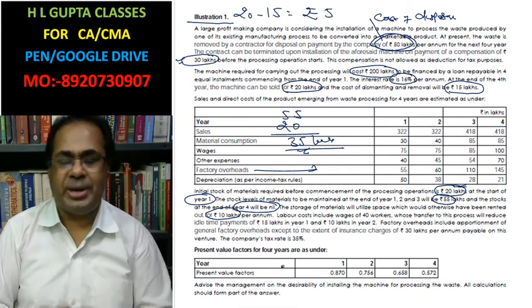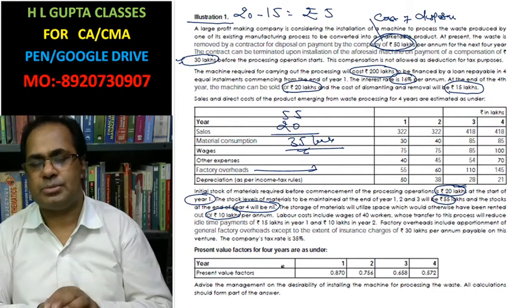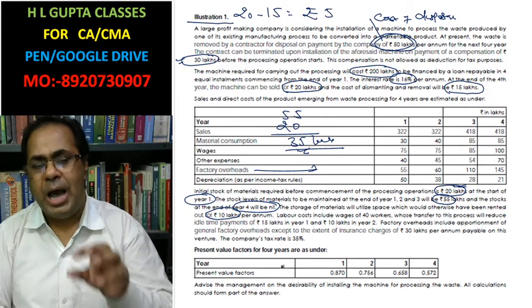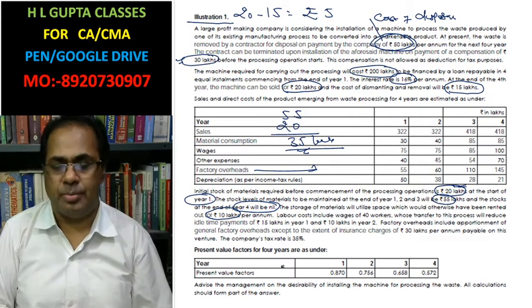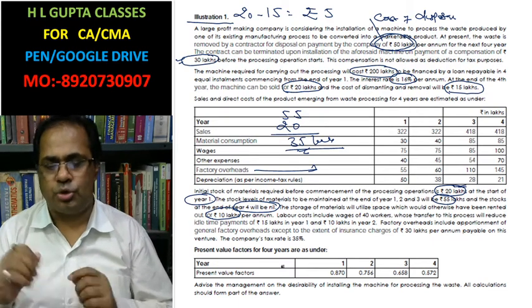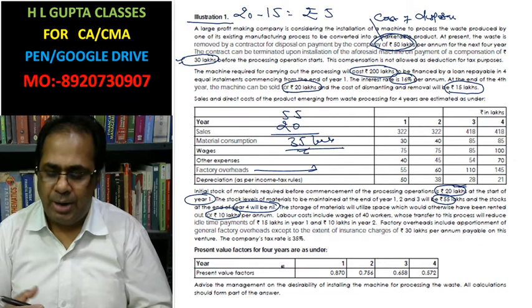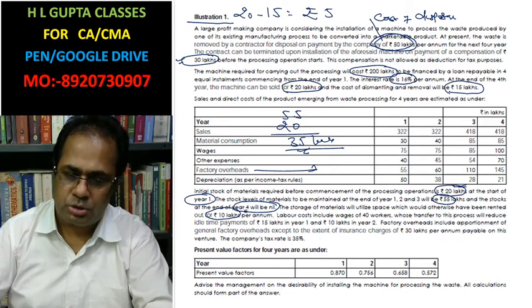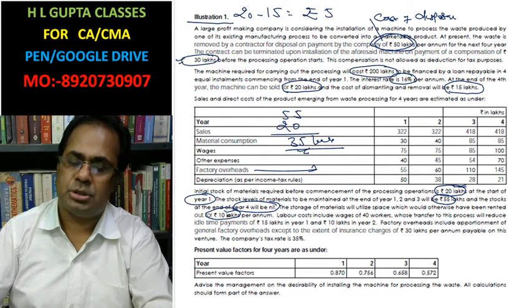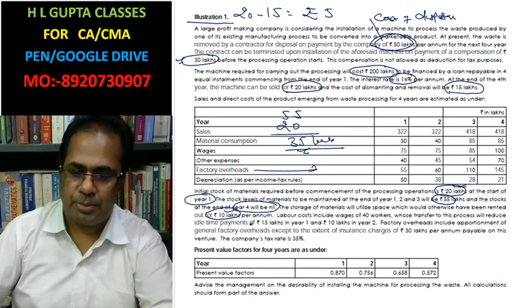But on manufacturing the product from the waste material, you will have to use that space for storing the material. That's why you have foregone rupees 10 lakh. This is the opportunity cost for the storage of raw material, 10 lakh per annum.